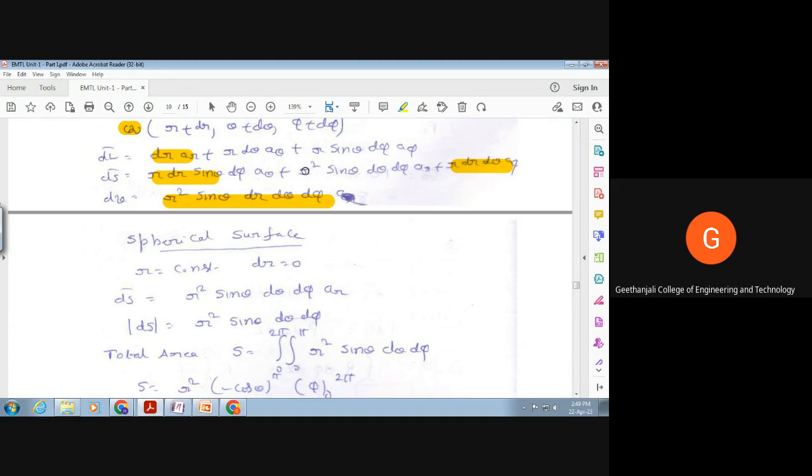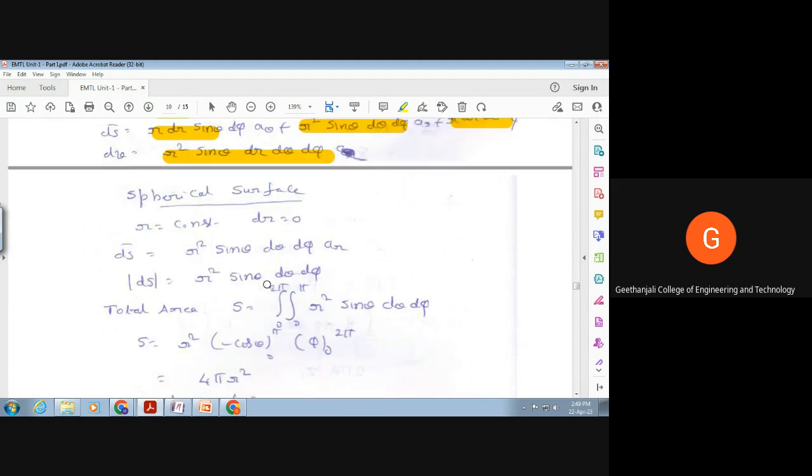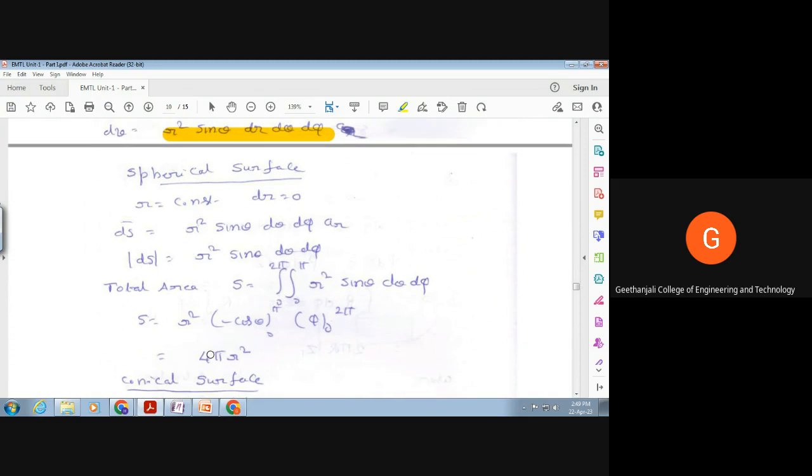So you're left with r square sin theta d theta d phi a_r. What is its magnitude? r square sin theta d theta d phi. How do you get the total spherical surface? By keeping r constant, varying theta from 0 to pi and phi from 0 to 2 pi. So we get the total surface area as 4 pi r square.